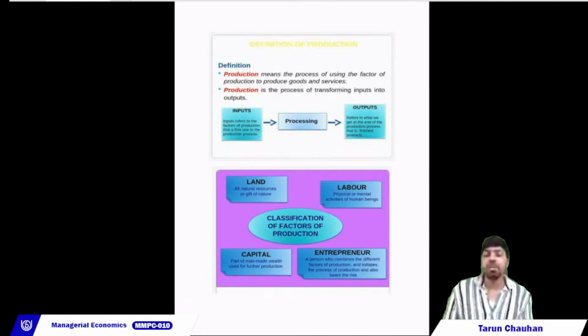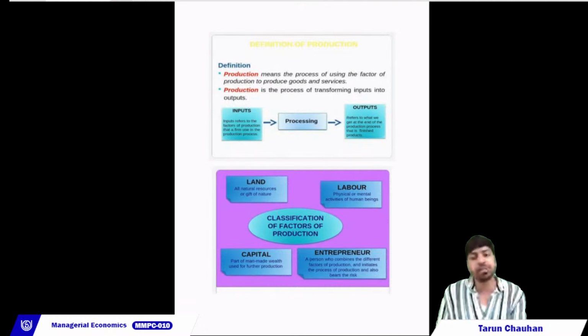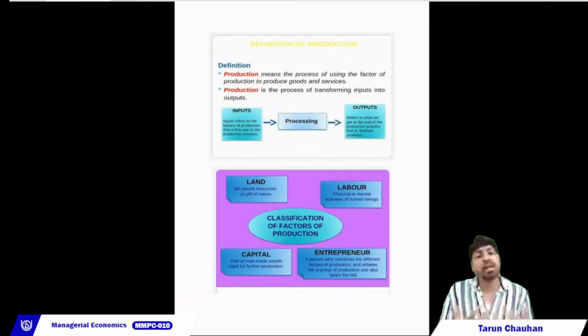By using various factor inputs in a very organized manner, we get some output, and that output is the final product or finished goods we get at the end of the production process. That's called output.